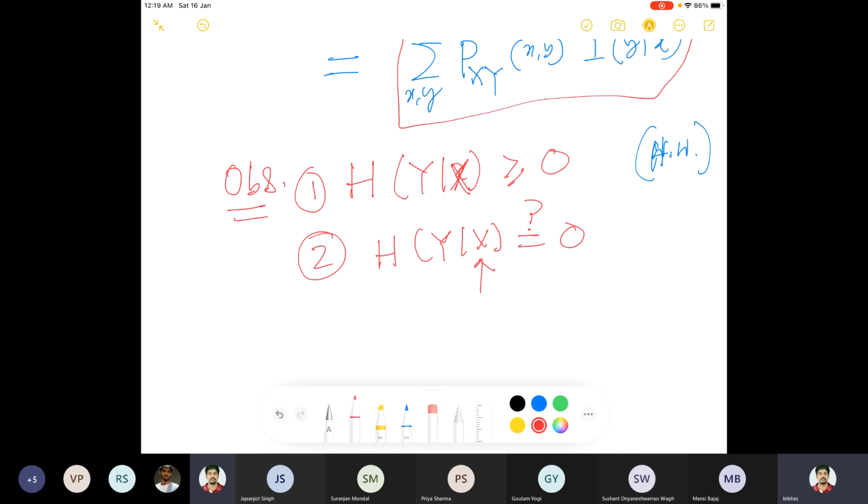If they are independent, the uncertainty will be the same as that of y, right? That means no information is given to you. But the amount of uncertainty could be 0 only when all information is given to you. That means what should be the relation between y and x?